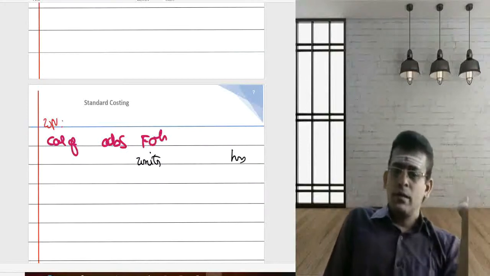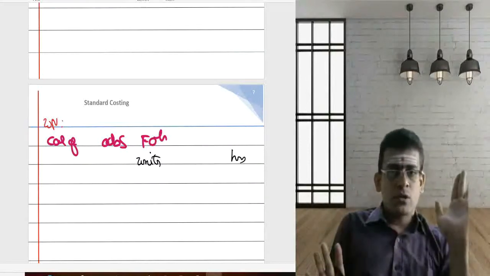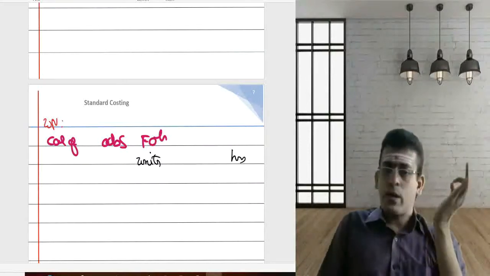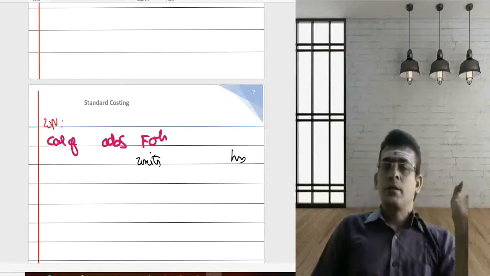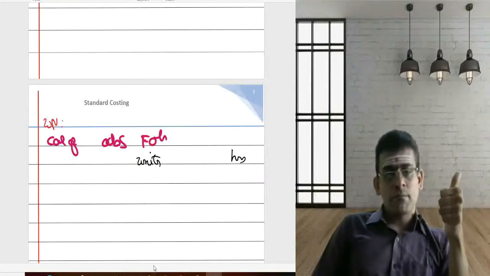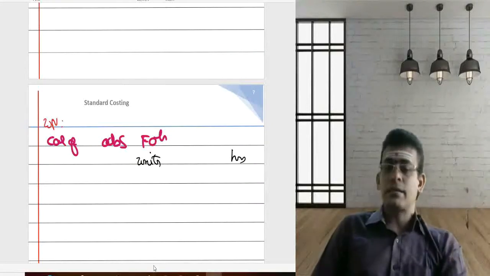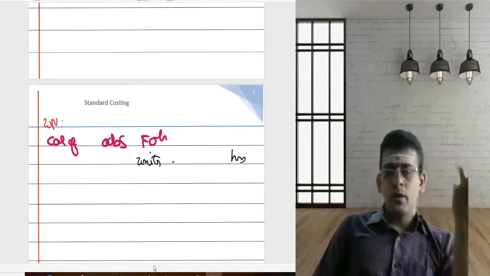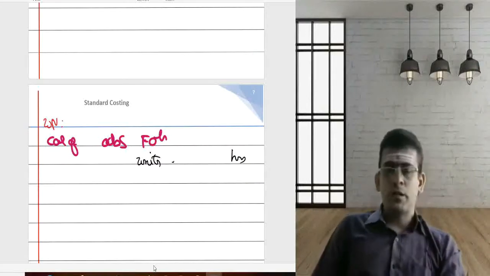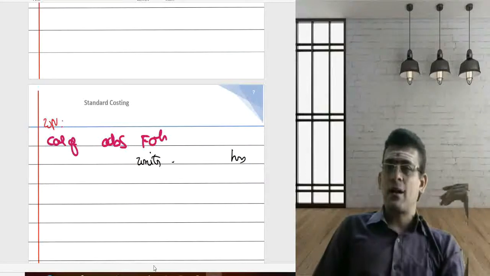In your examination, both methods are not required. For your understanding, I am explaining the same problem in the units method and also in the hours method. But in your examination, if the same problem arises, you can do it in only one method, either the unit method or the hours method. Whatever method you feel comfortable with, you simply adopt that method.